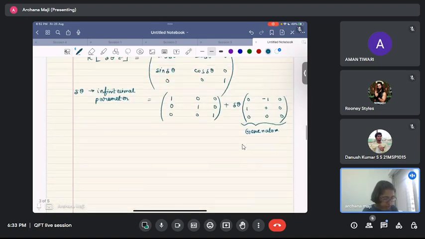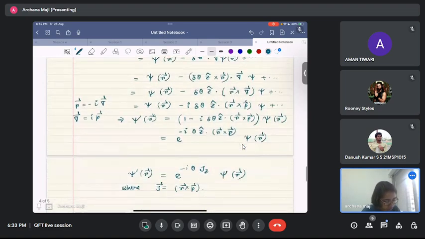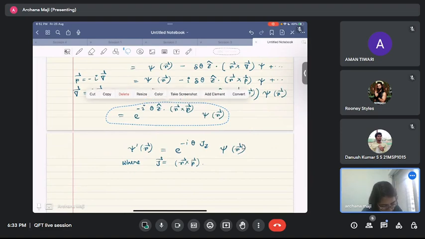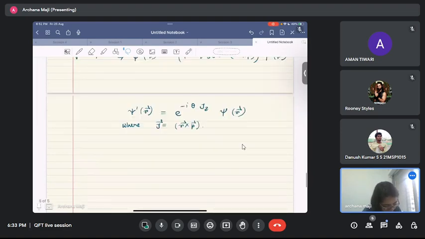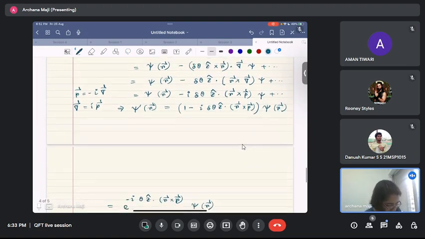Likewise, here also we have done the infinitesimal rotation. So this is the corresponding finite rotation. But in order to get the finite rotation, what we can do is use the same trick that we used earlier for the finite translation.